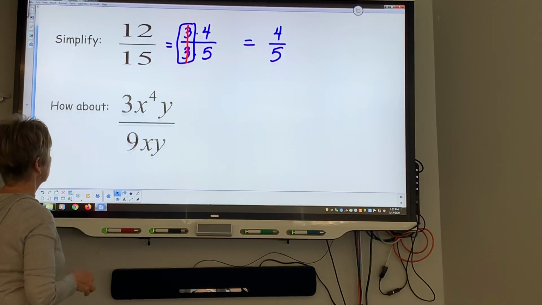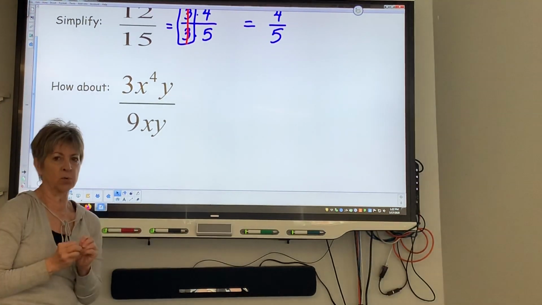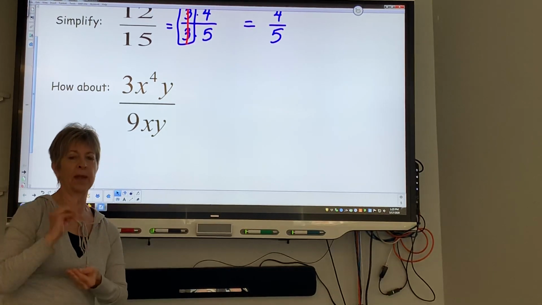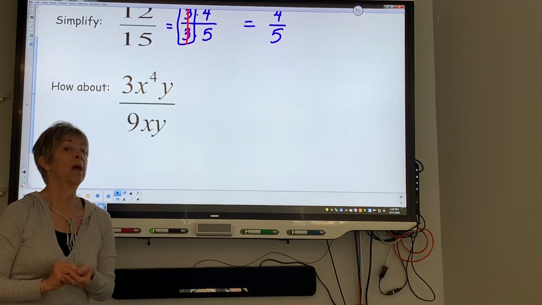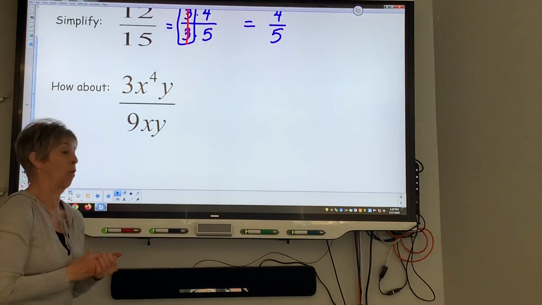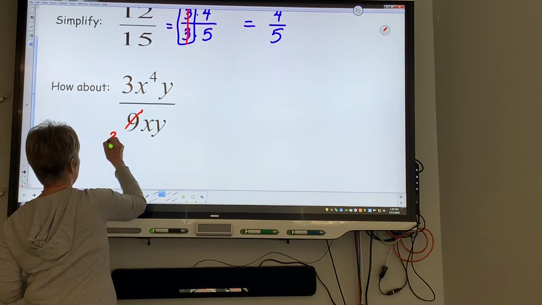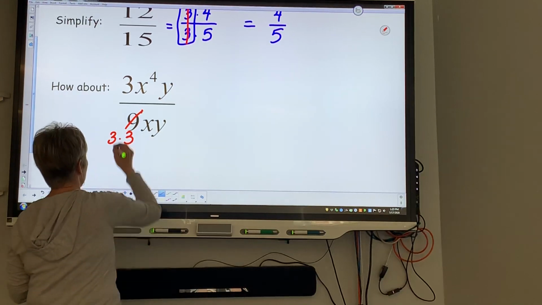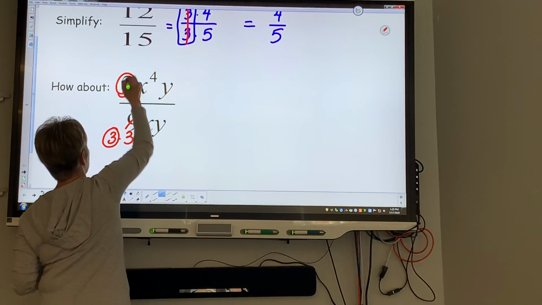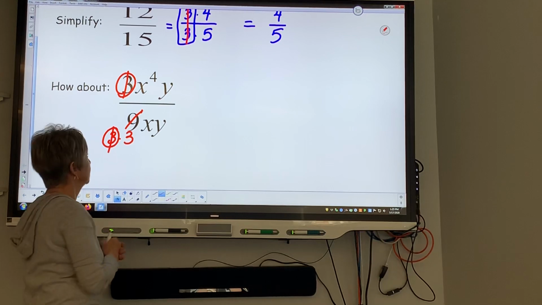All right, if we look at the next one, we can use the same strategy. We're looking for common factors in the numerator and denominator that can actually pair to form 1. So I'm going to write the 9 as 3 times 3. This 3 and that 3 become 1.